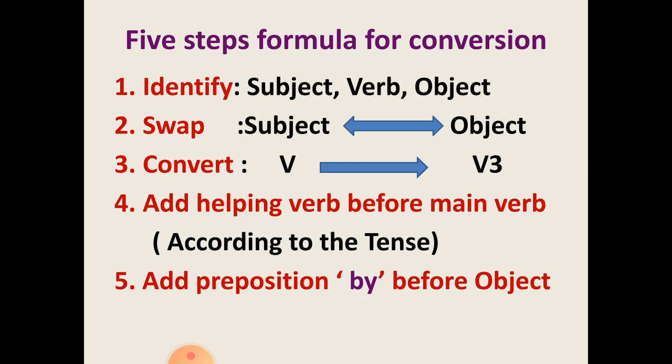Then add a helping verb before the main verb. Whenever we write the third form of verb, before that we need to add a helping verb, and that helping verb will be added according to the tense of the sentence given in active voice. And the last step is to add the preposition by before the object. So simply we need to follow these simple steps and we will be able to solve any sentence, so conversion will become very easy for you.